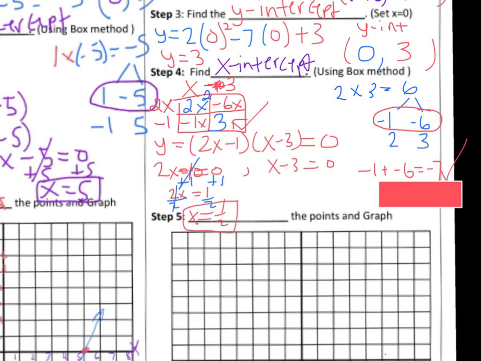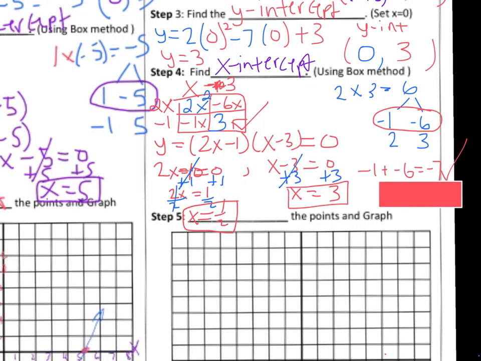So one of our x-intercepts is at 1/2. And then if we were to solve the one on the right by adding 3, the 3 on the left cancels, and we're left with x is equal to a positive 3.